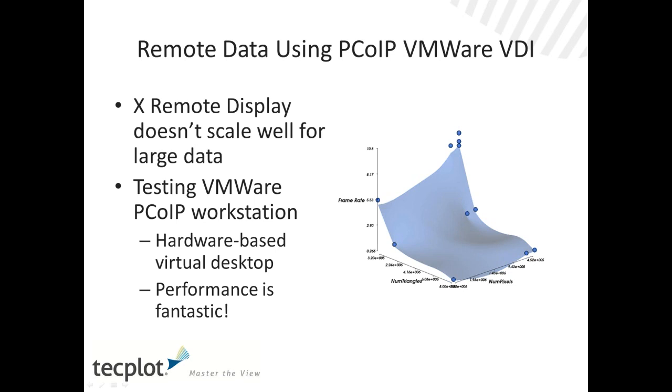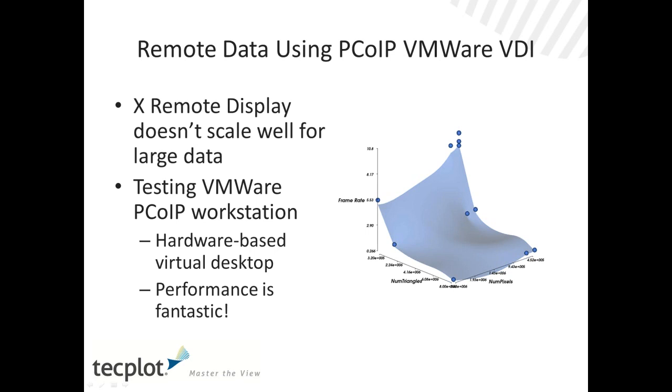They have this virtual display interface, a virtual desktop, and it works so much better than X remote display. And really in a very real sense, this is a remote rendering. It's just that it's being done by a third party.